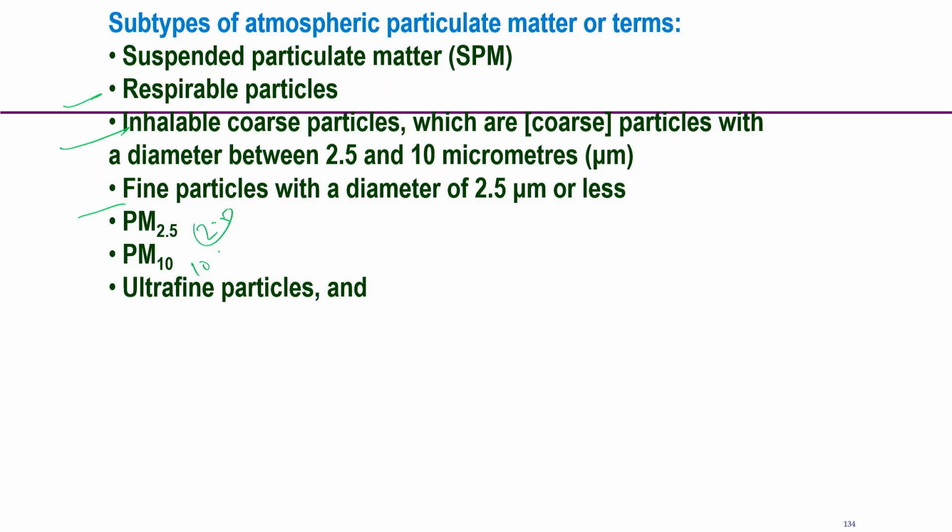Ultrafine particles are less than this size, 2.5 micron. So, we can express the atmospheric particulate matter in all these types, and depending on our application we can use these terminologies.